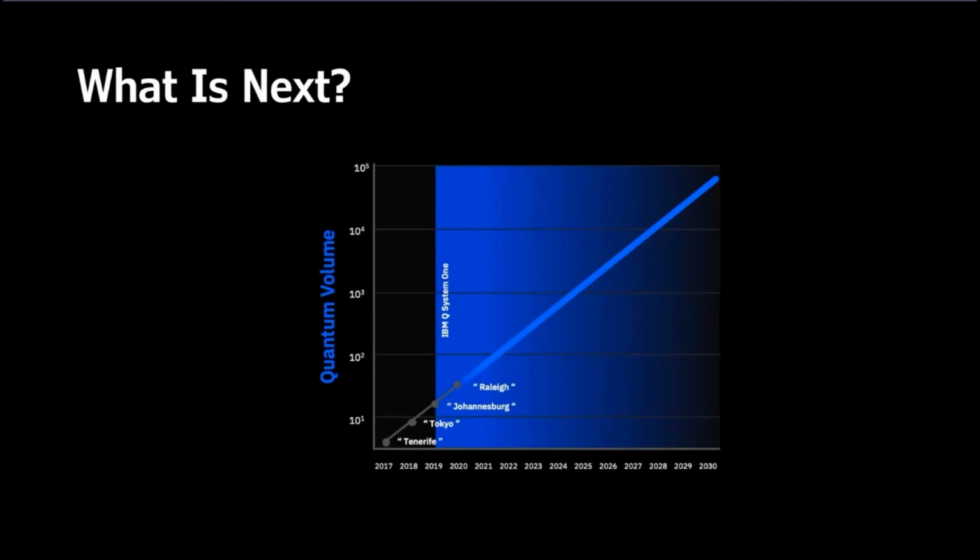Just take a look at how the computer revolutionized our society. We sent a person to the moon, designed new drugs, and predicted the weather. And if we keep growing the power of quantum computers at the rate we are now, building a quantum computer is just a matter of time.